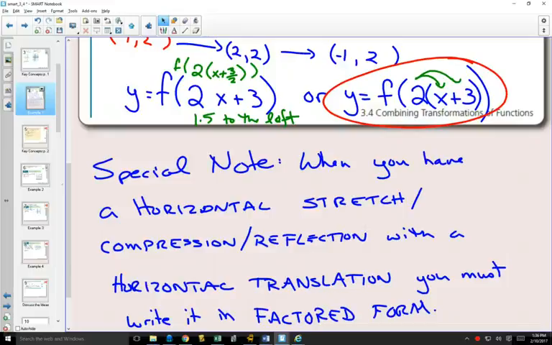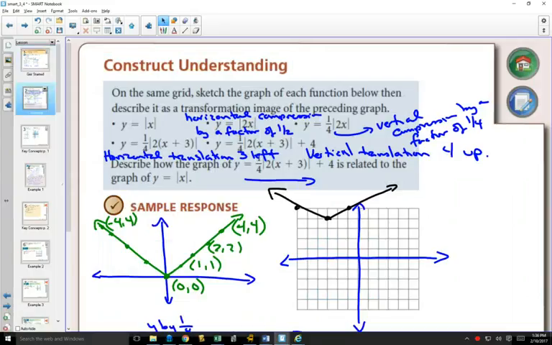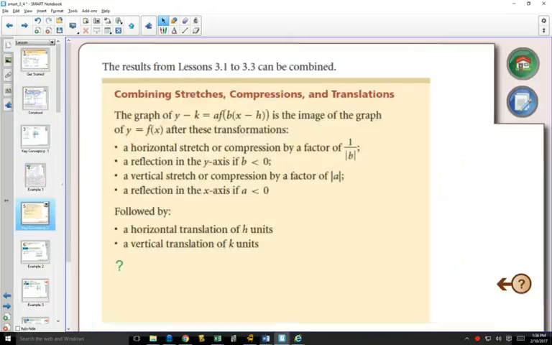If we look back to the example that we did at the beginning of class, notice that they had it in factored form. The 2 is factored out, and then the x plus 3 was in brackets. So that one was correct for us to say that it went 3 to the left. Okay.